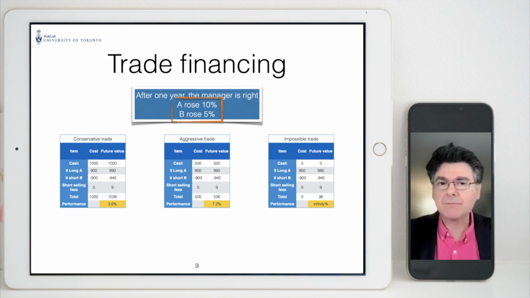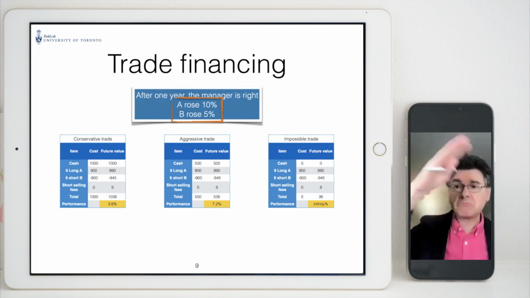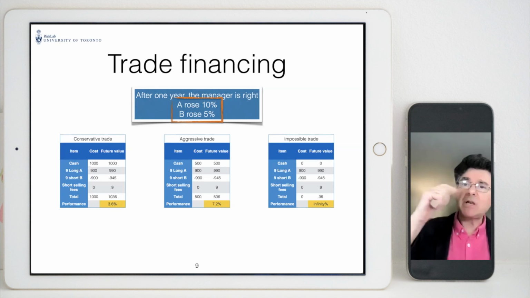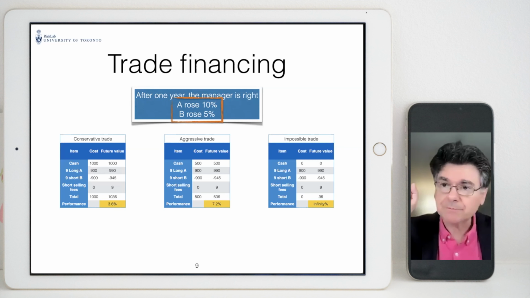So each of these has a marginal distribution and a dependent structure. What's the marginal distribution here? I have 2. One for the stock A, and that's what the stock A may do in the future. And then I have another marginal distribution for the stock B, what B may do in the future. Okay.